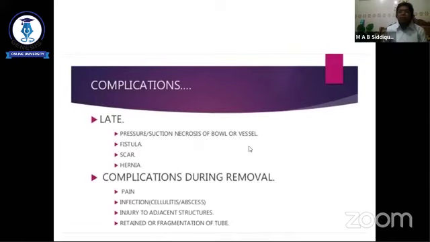Late complications may be pressure necrosis, fistula, scar, and hernia, though I have never seen a hernia following a drain tube site. Complications during removal may be pain, infection, injury to adjacent structures, or a retained tube, especially in the case of a T tube. Sometimes the tube is retained within the CBD.